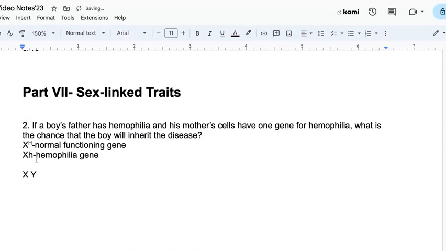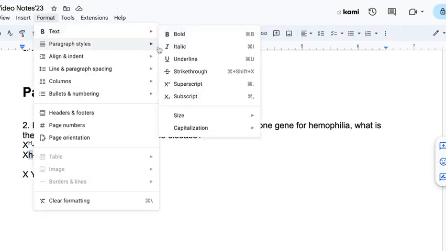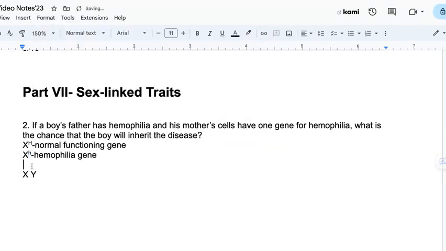Because this is located on the X chromosome, you would put the letters only on the X. It is not located on the Y, so Y is just Y.